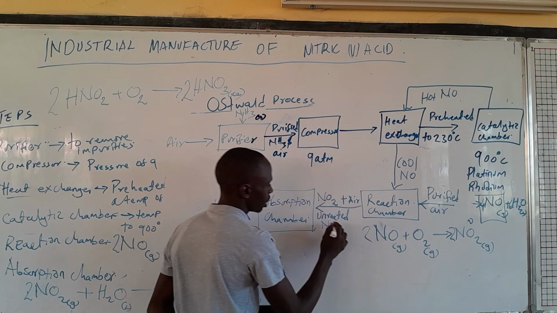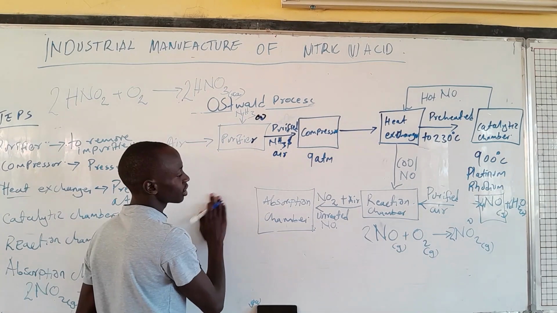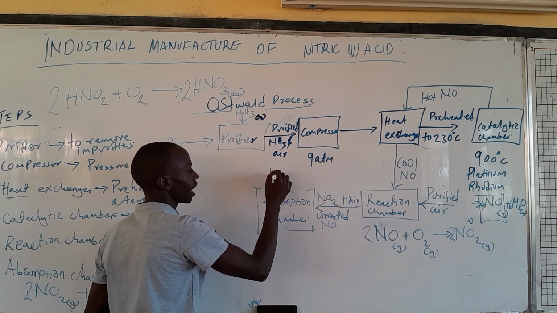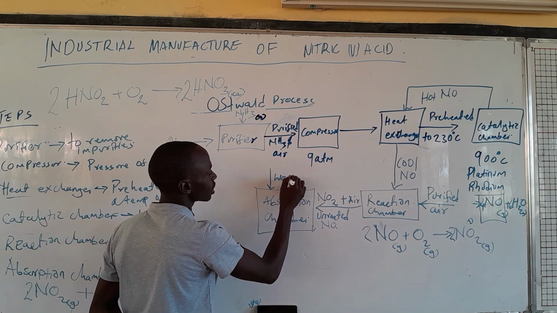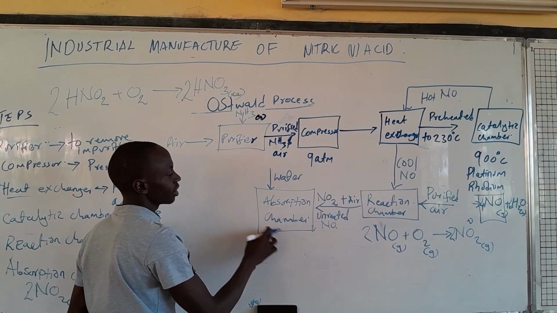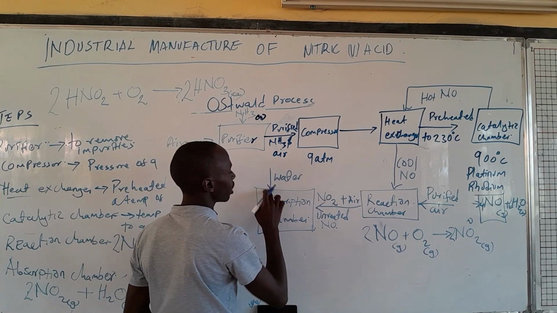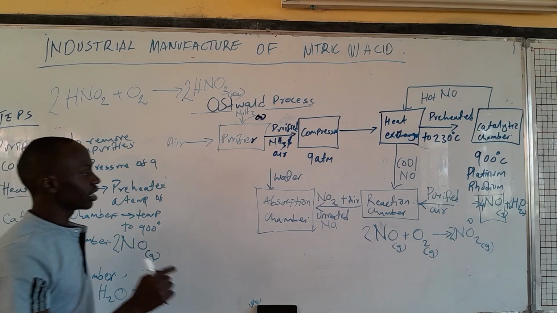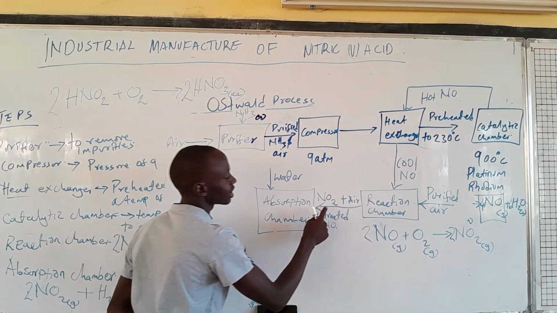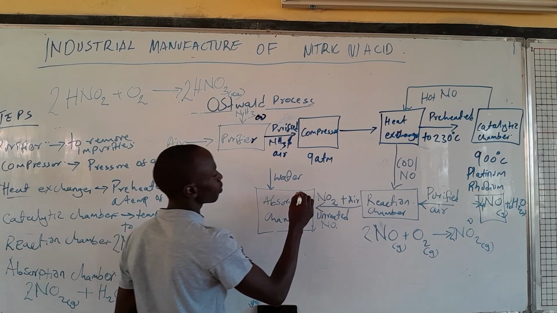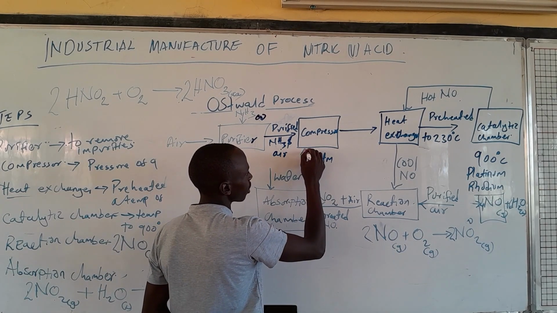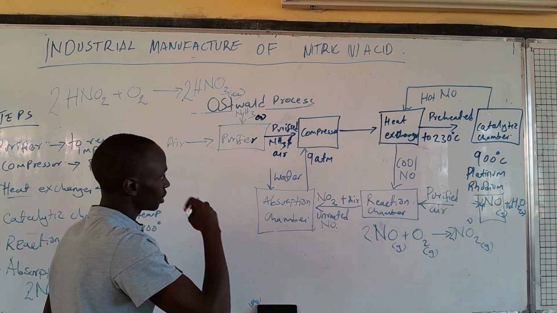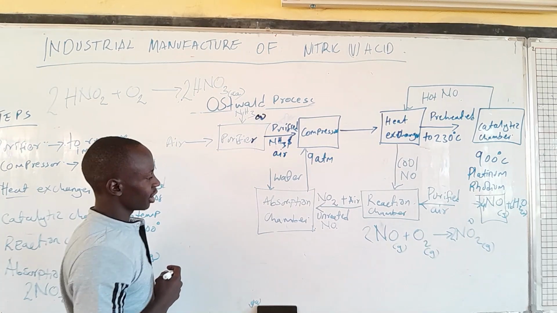In the absorption chamber, nitrogen (IV) oxide is pumped against the downward flow of water, whereby it will combine with water to produce nitric (V) acid and nitric (III) acid, whereas the unreacted nitrogen (II) oxide is pumped back to the compressor, where it will combine with the preceding air and ammonia.